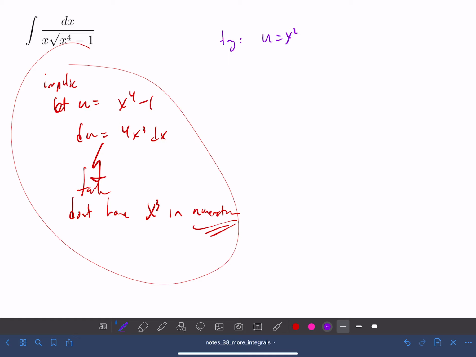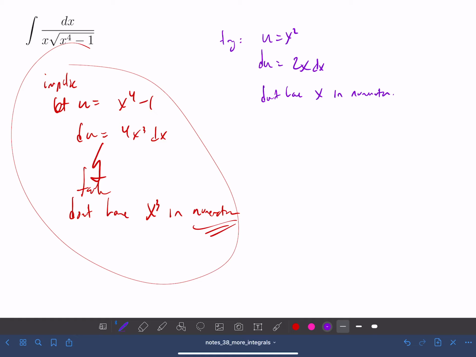If I do that, I think I'm still not any better off, because I end up with du equals 2x dx, and I again don't have the x in the numerator. Let's see, how did I plan on doing this one? I think it's okay if I don't have an answer to it.